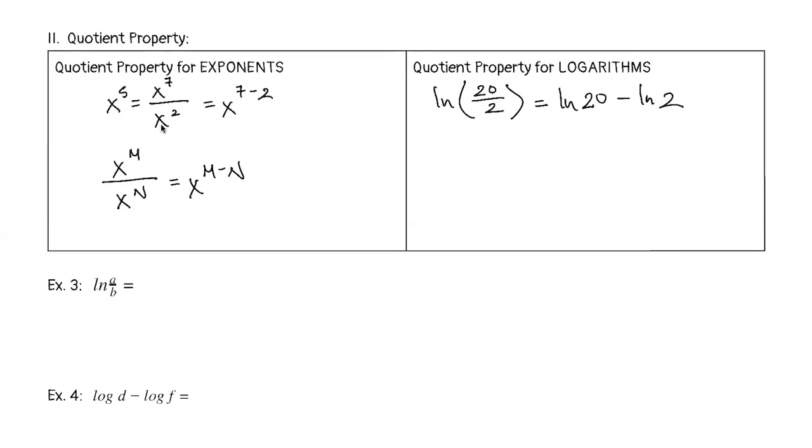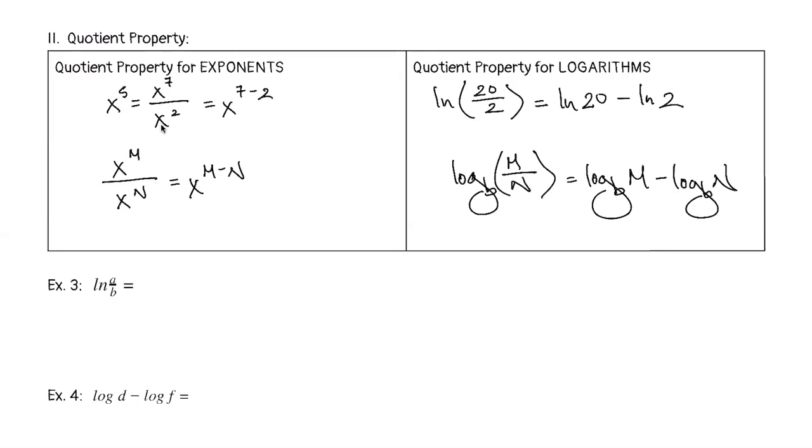But the way we can frame that property is we can say log base b of m divided by n equals log base b of m minus log base b of n, okay? And again, the properties work both ways, so we could expand or we can condense, right?